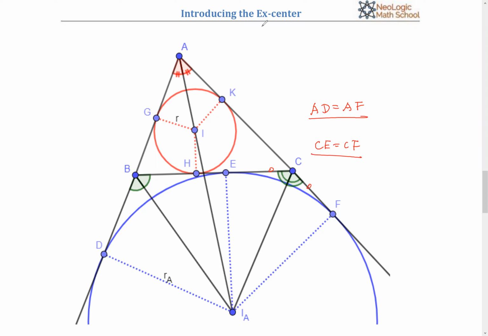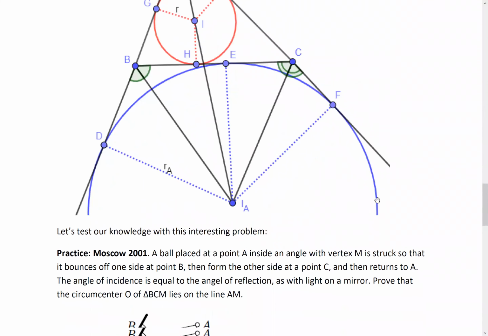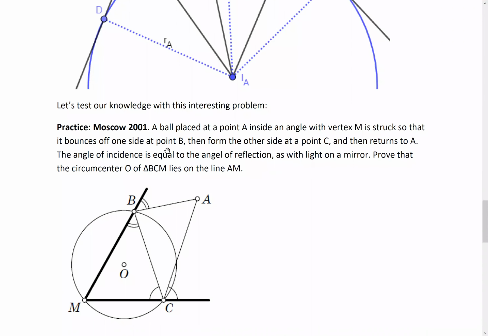Now, I want you to also practice this problem, which is a very interesting one. A competition problem in Moscow, 2001. A ball is placed at point A inside an angle with vertex M. You strike the ball, it starts moving this way, touches the wall, and bounces off this way.